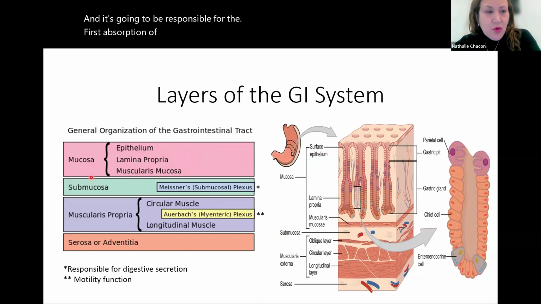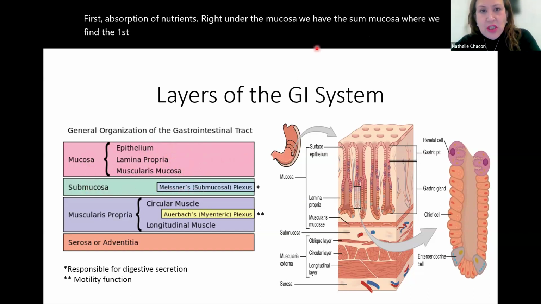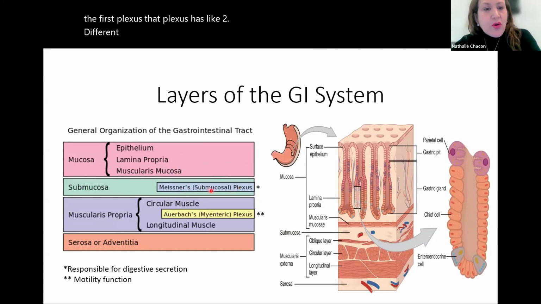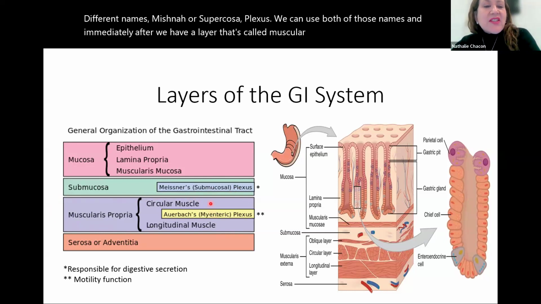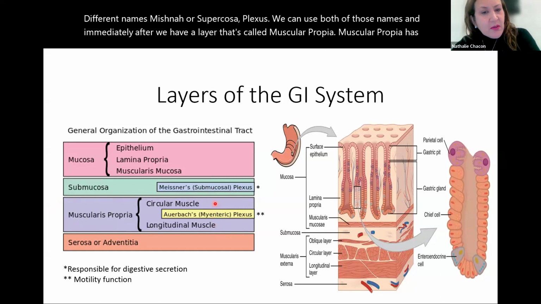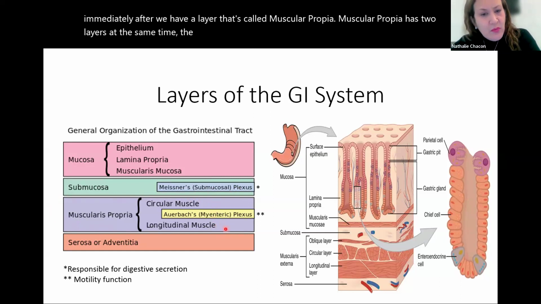Right under the mucosa, we have the submucosa, where we find the first plexus. That plexus has two different names, Meissner or submucosal plexus. We can use both of those names. Immediately after, we have a layer called muscularis propria, which has two layers: the circular and the longitudinal muscle.